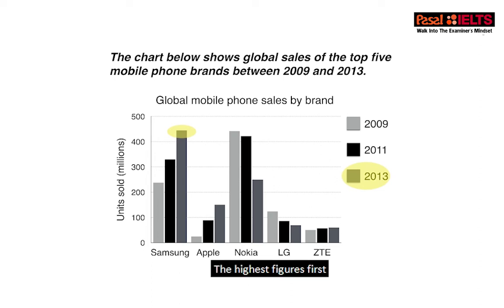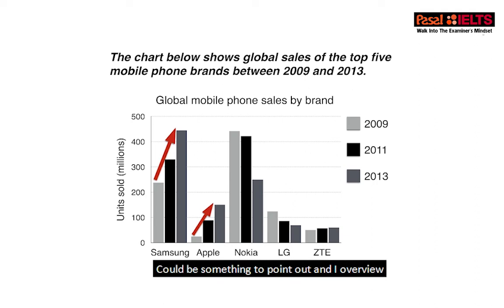So the highest figures first. Another thing that we could see is that we have increasing numbers for these 2 brands, Samsung and Apple. The other numbers, Nokia, LG and ZTE, either decrease or stay very similar. So those 2 increases could be something to point out in our overview.